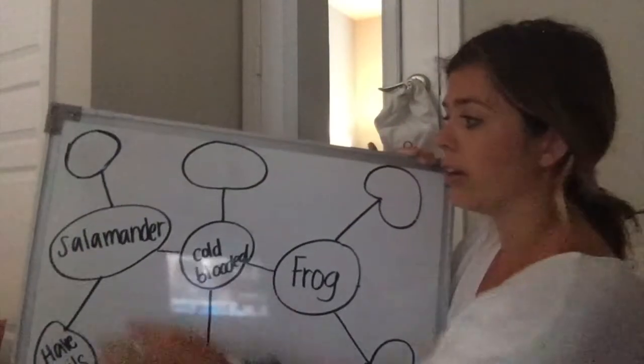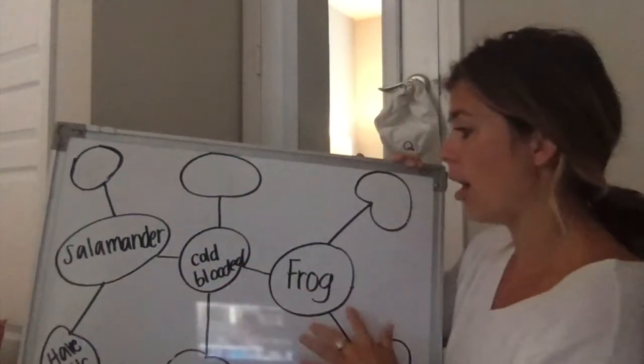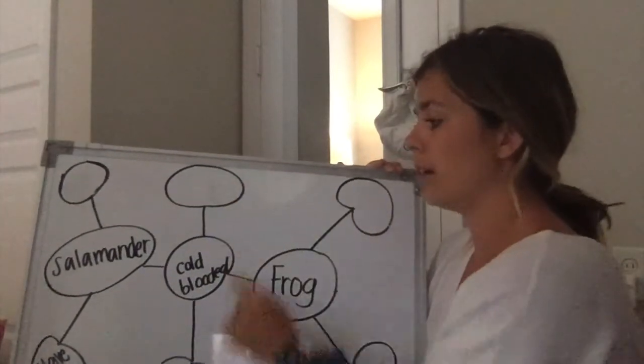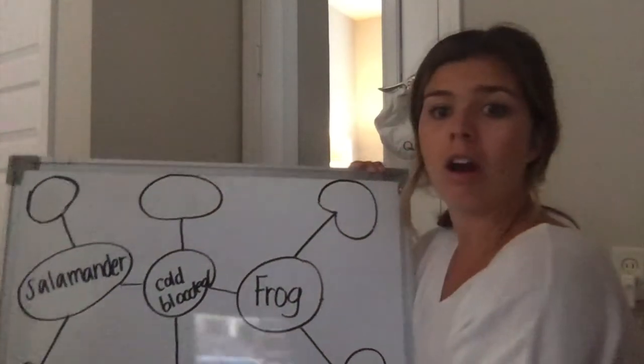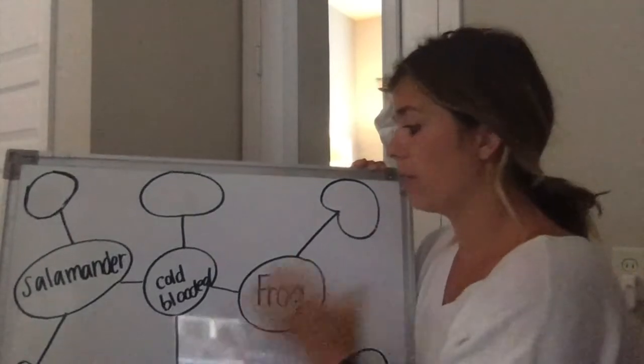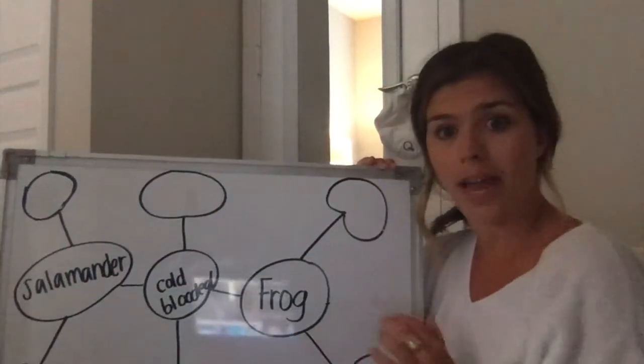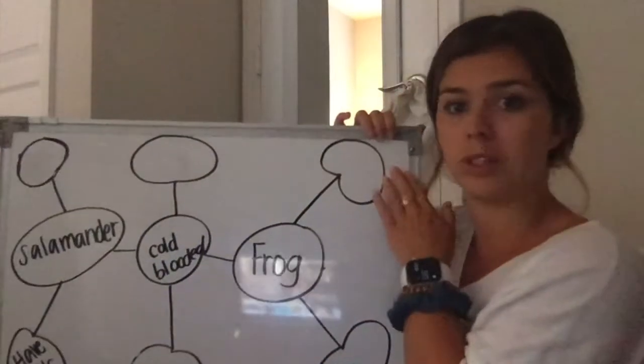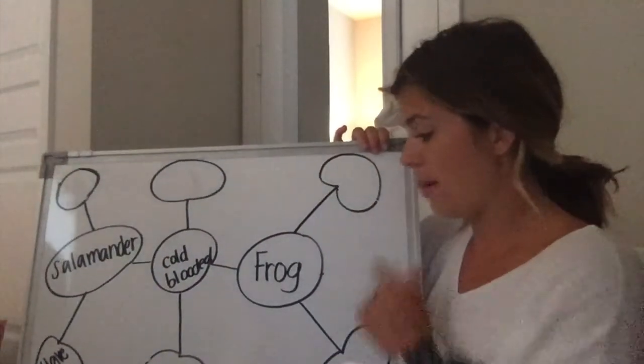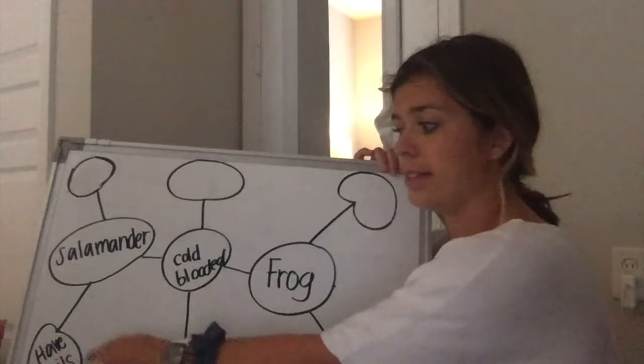Now that you looked at both of the pictures, I want you guys to make a double bubble map, okay? And so how it's going to look is I wrote salamander here and frog here. These bubbles right here, 1, 2, 3, are the bubbles that make these are the same. What's the same about the salamander and the frog, okay? Then over here, I want you to give me two different things about the frog that's different than the salamander.